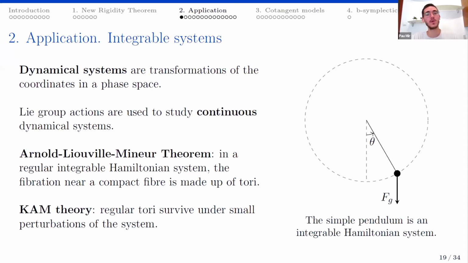So the regular points are well known by the Liouville theorem. You also know what happens when you perturb a little bit these regular fibers, which is KAM theory, which is what happens with the invariant tori when you perturb a little bit the systems. But we don't have as many results in the case of the singular points of integrable systems.